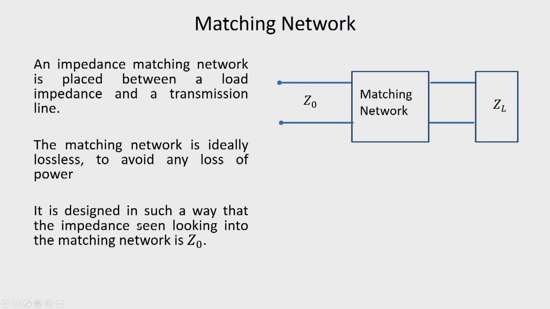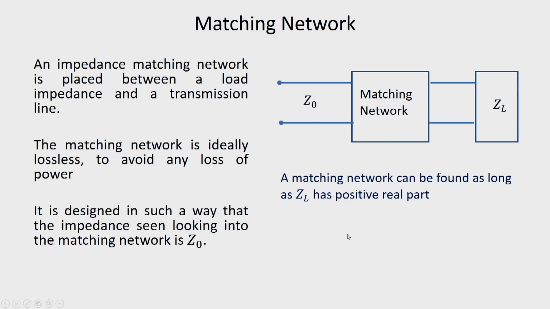A matching network is designed in such a way that the impedance looking into the matching network is Z0. So, if you look at this point, then the load impedance transformed by the matching network will give an input impedance of Z0 here.